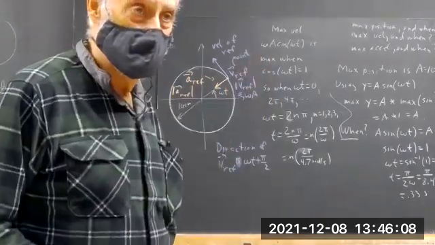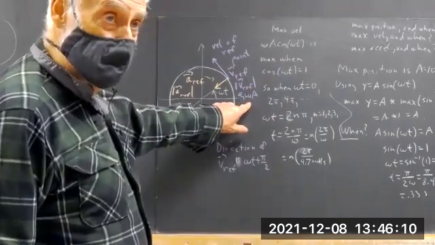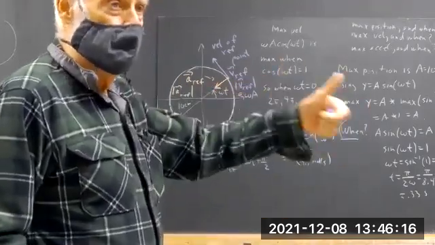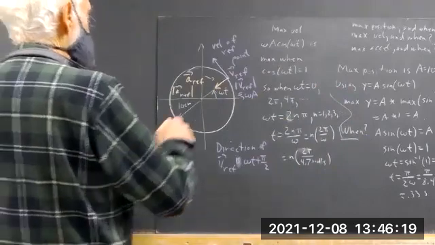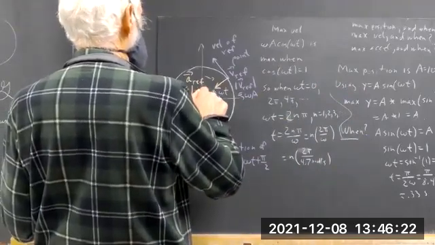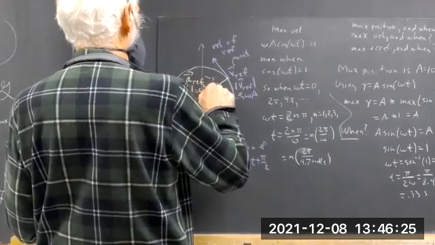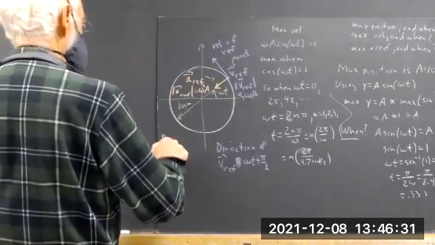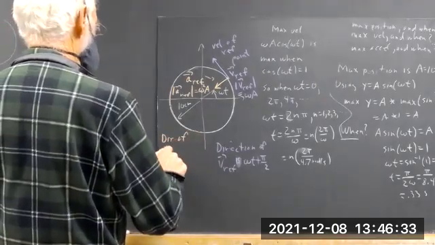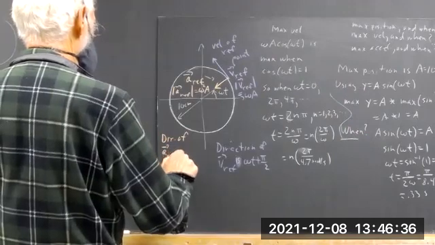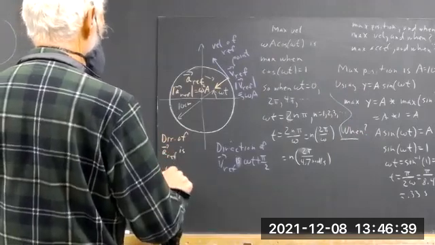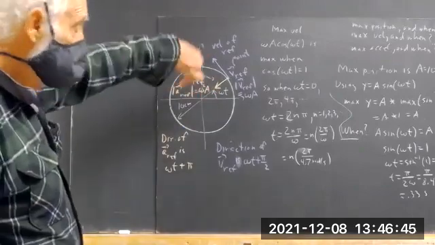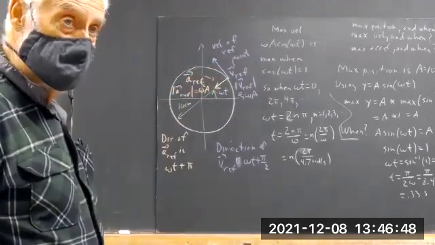V squared over r. V is omega A, so you get omega squared A squared. R is A. So it's omega squared A squared over A, which is omega squared A. In the direction that is 180 degrees from omega t, which is omega t plus pi.